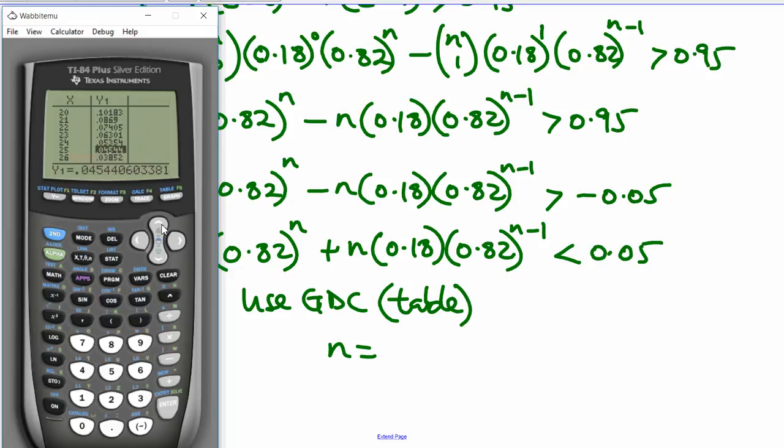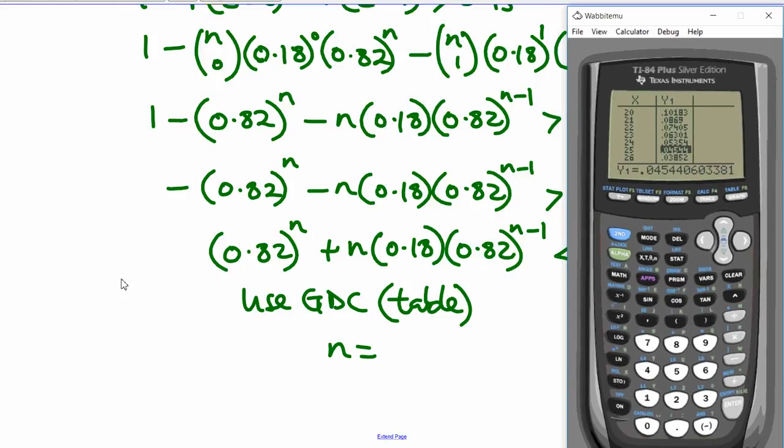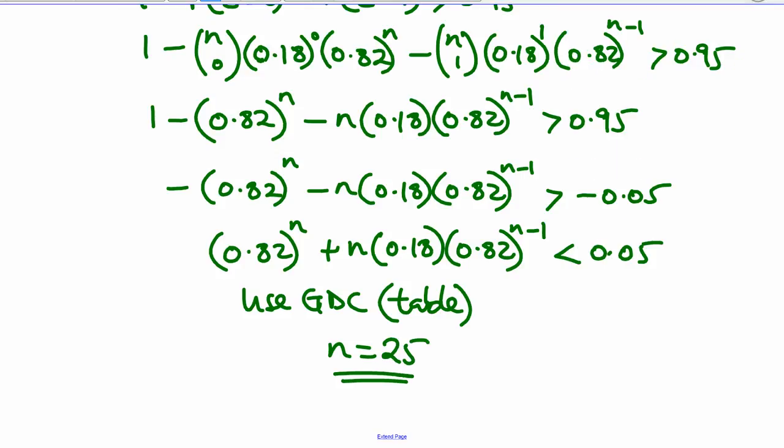The first value of n that will be less than 0.05 is 25. So n is equal to 25. Hope it makes sense to everyone. All right, so n is equal to 25. All right. Next question.